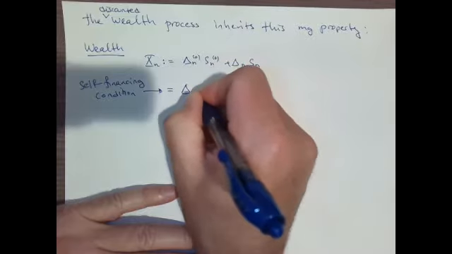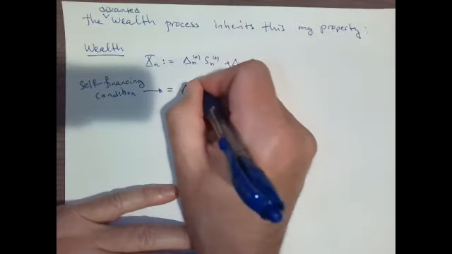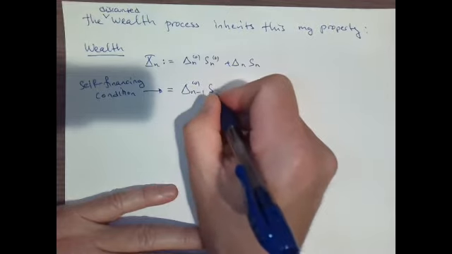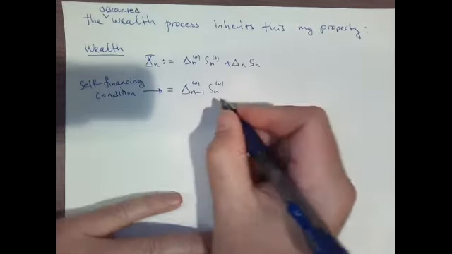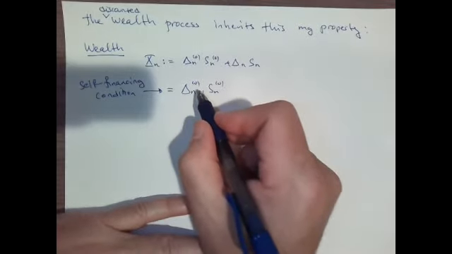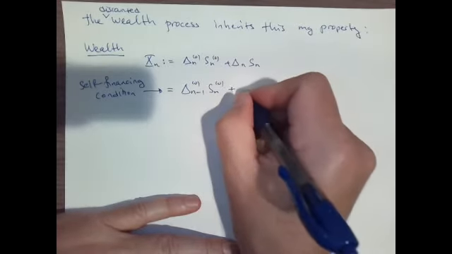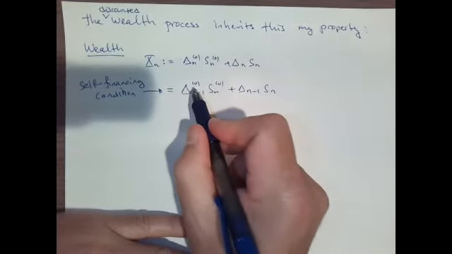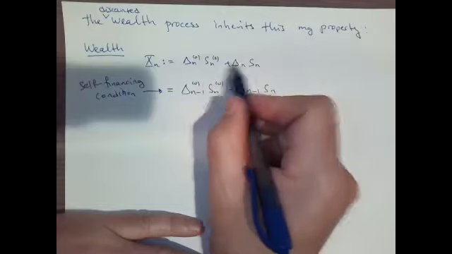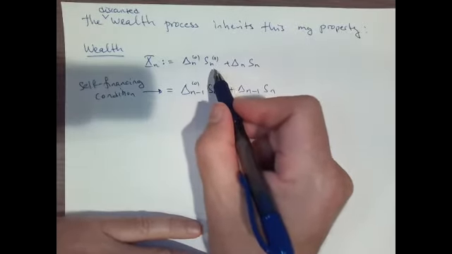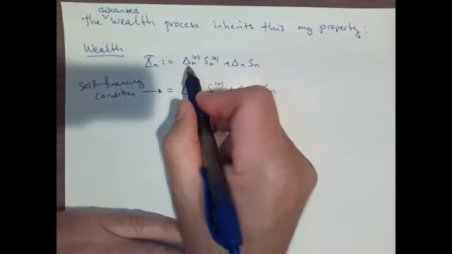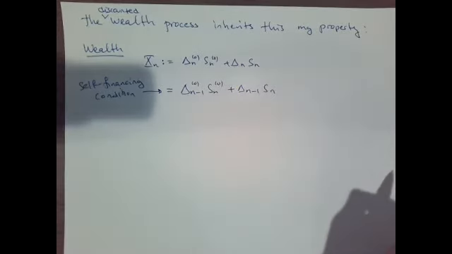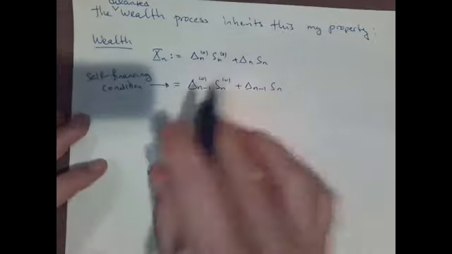It means that if I look at the positions that I had at time n minus 1 before trading, and I rebalance, so I buy and sell some bank units and some stock units, going from this holding in the bank and this holding in the stock to these new ones, I cannot generate money. The value I have after rebalancing is the same as what I had before rebalancing. So this is the self-financing condition.